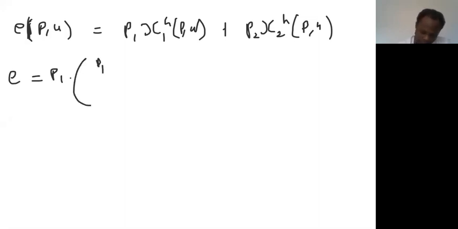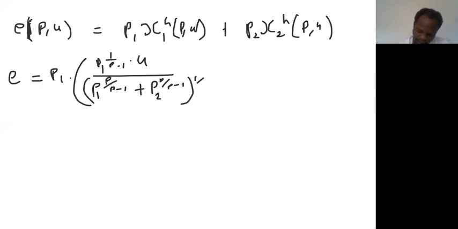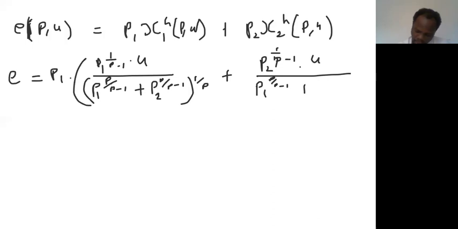P1, 1 over phi minus 1, multiplied by U, all over P1, phi over phi minus 1, plus P2, phi over phi minus 1, then 1 over phi, plus P2, 1 over phi minus 1 U, all over P1, phi over phi minus 1, plus P2, phi over phi minus 1, then 1 over phi.